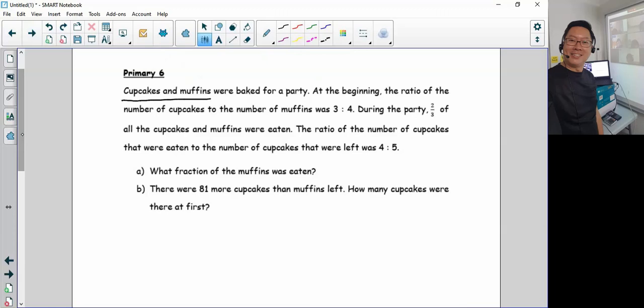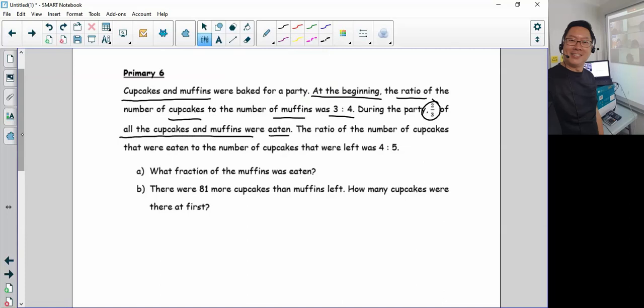Cupcakes and muffins were baked for a party at the beginning. That is at first. Okay, at the beginning means before, right? So the ratio of the cupcakes to the muffins was 3:4. Right, so this is called ratio. During the party, 2/3 of all the cupcakes and muffins were eaten.